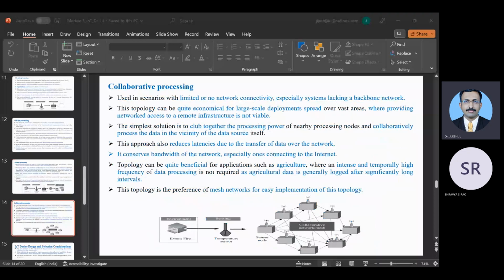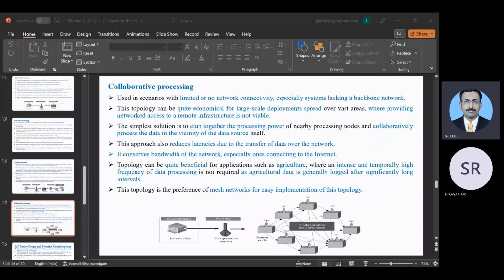You can see here the figure of the collaborative network or mesh, where each sensor node collaborates with another. They work together and complete the task.